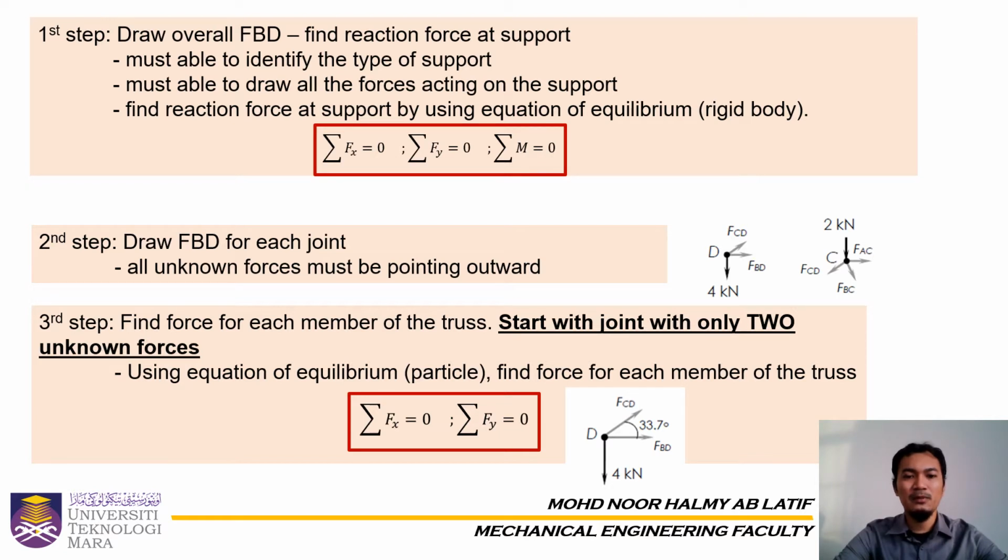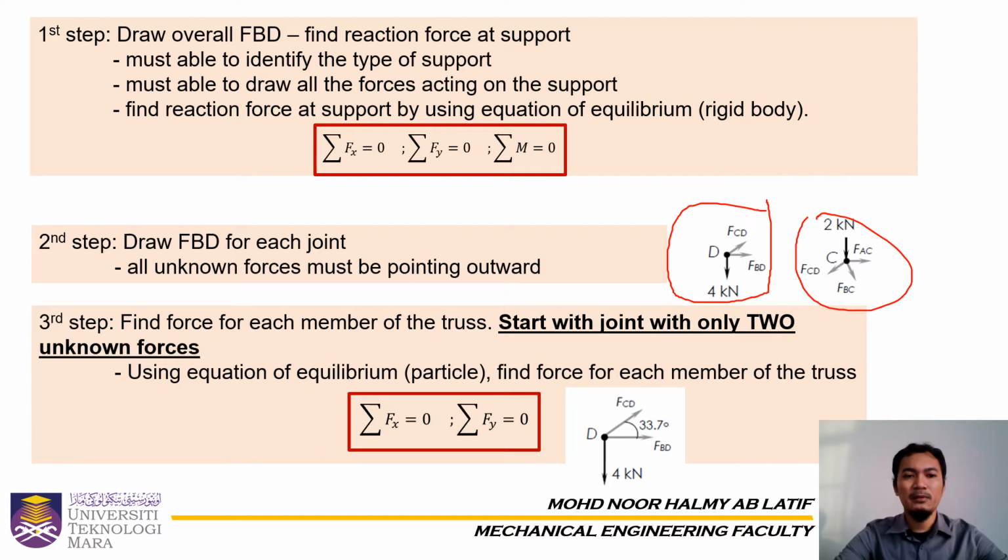The next step is to draw the free body diagram for each joint, with the assumption that all unknown forces are pointing outward, as shown in these figures.